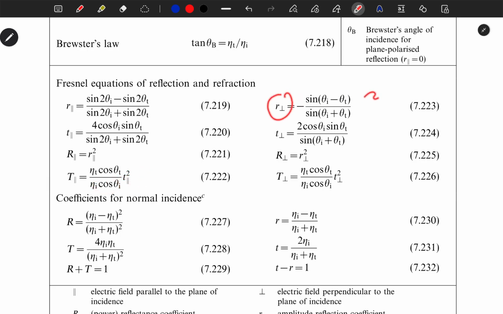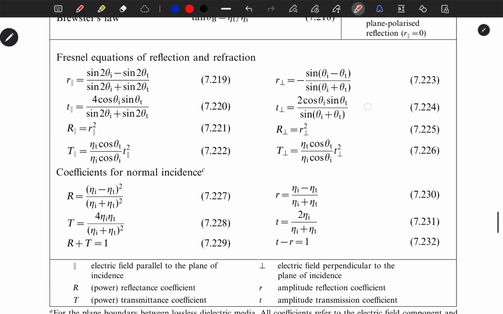R perpendicular also has this formula, r perpendicular and t perpendicular have the following expressions. Coefficients of normal incidence, reflection R equal to (eta I minus eta t by eta I plus eta t) to the power square. T equal to 4 eta I eta t by (eta I plus eta t) whole square, R plus T equal to 1.